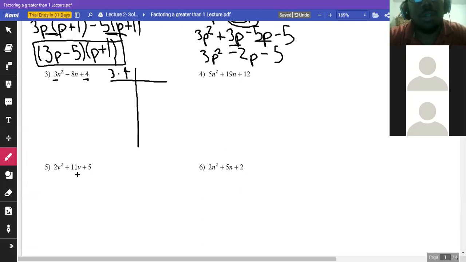So they have to multiply to give me 12 and add to give me -8. I'm going to sit back and think about that for a second. If anyone thinks of anything, let me know.